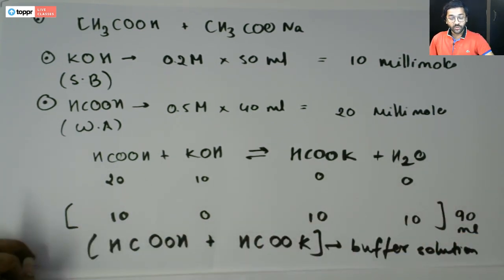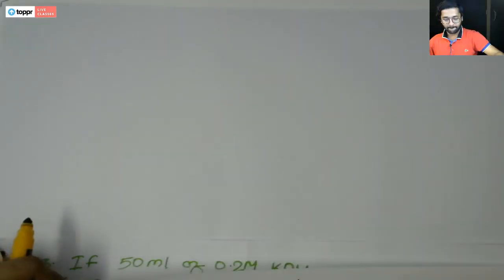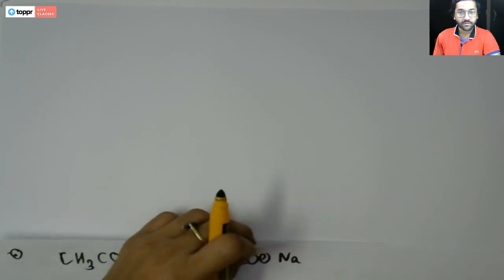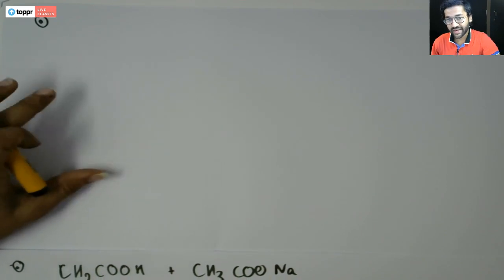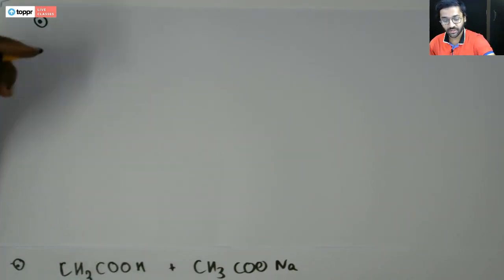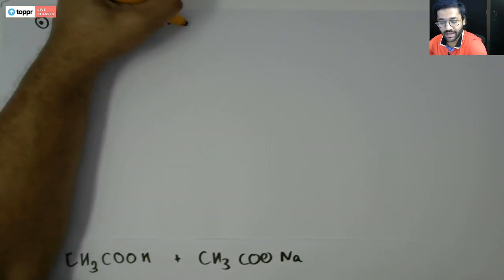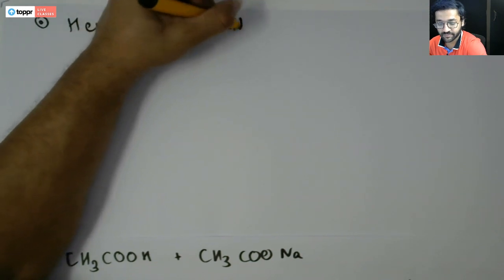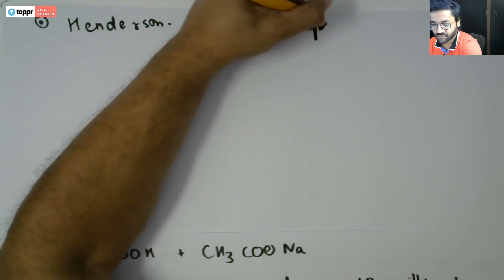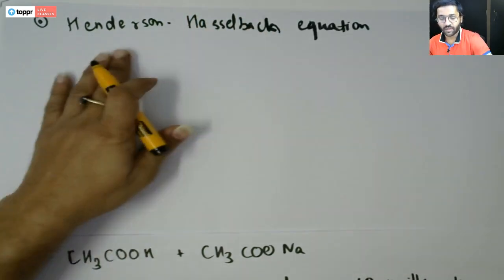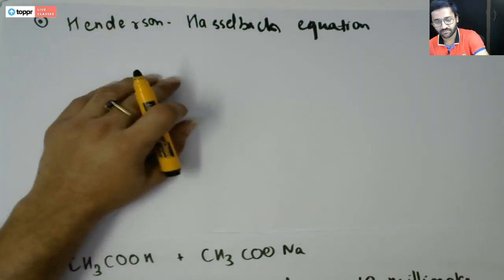Now to calculate the pH of a buffer solution, we have to remember two equations. The two equations which are important for the calculations of a buffer solution are known as the Henderson-Hasselbalch equations. These are the two people who came out with these equations, hence the name.